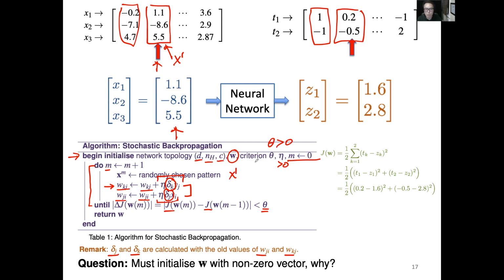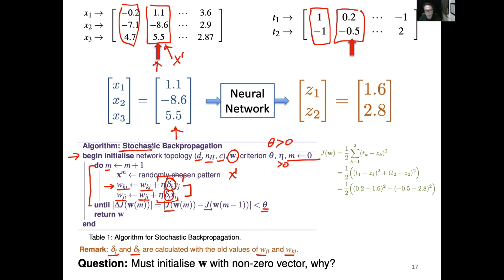If it is small enough, we stop. If it is not small enough, we go back to the top, increase the value of m, randomly pick another sample, and repeat this process to update wkj and wji. So this is the stochastic backpropagation.